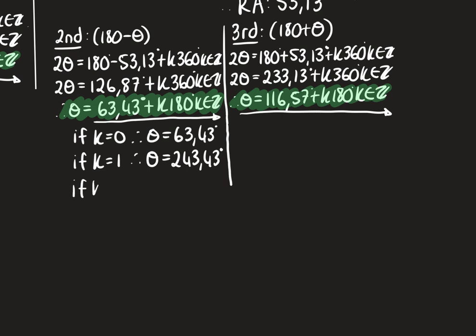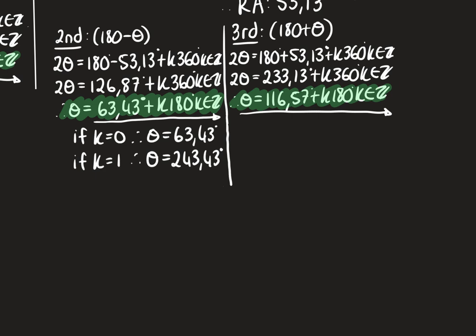Now, let's have a look if I make k equal 2. Theta is going to equal 360 plus the 63.43, 423.43. Do you agree with me that that is no longer falling in my domain, which means I do not include it as one of my answers? Okay, so just bear that in mind. We're subbing in values.